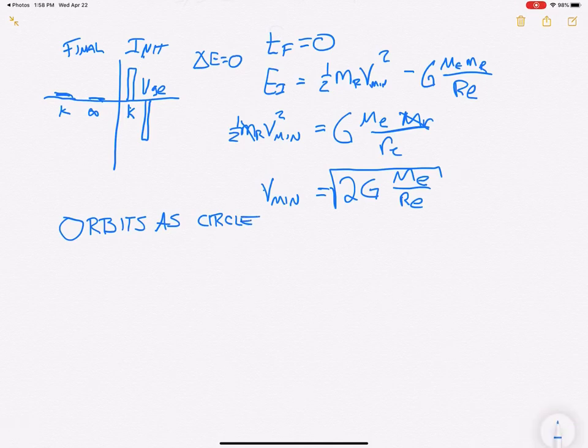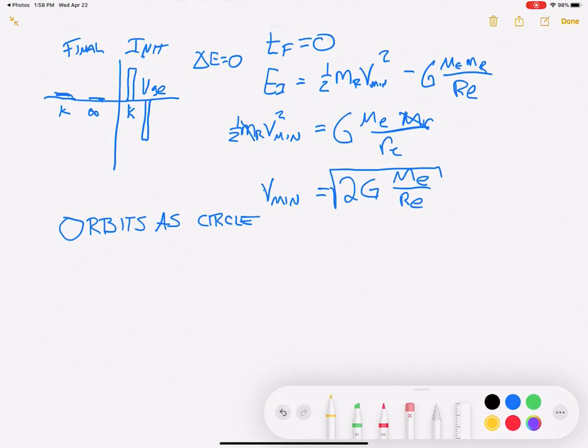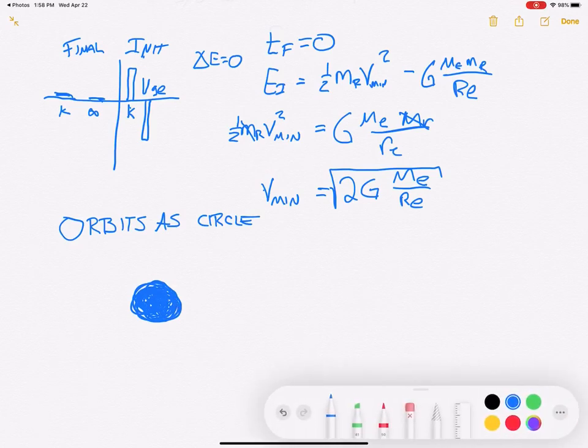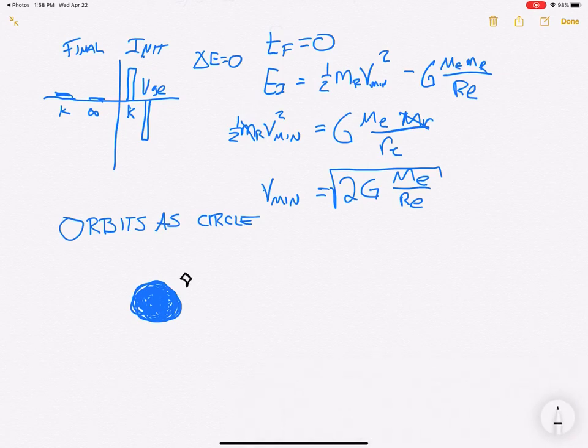So what we need to envision is, let's do the Earth, big blue marble, and then we want to set up an object in orbit around the Earth, and its orbit is going to be a circular orbit.